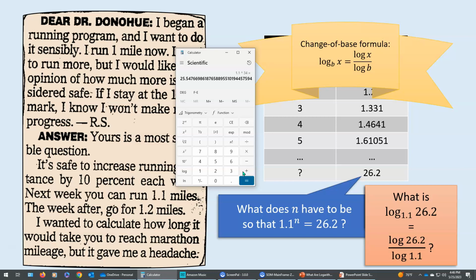And then the week after that, we add on 10% of that, which brings us to 1.1 to the 35th power, which is, now we're above marathon distance. We got up to about 28.1 miles. So the exact power of 1.1 that hits 26.2 is somewhere in between 34 and 35. We saw it was 34.4 something.